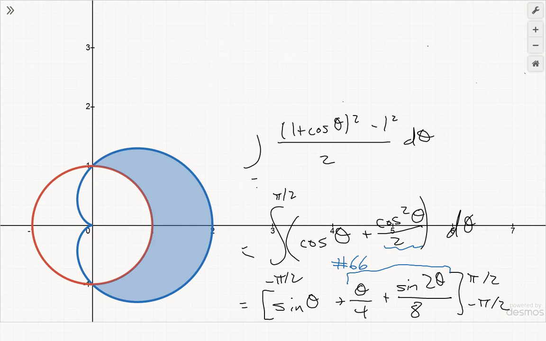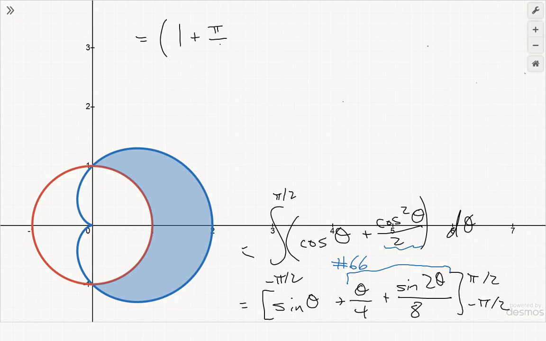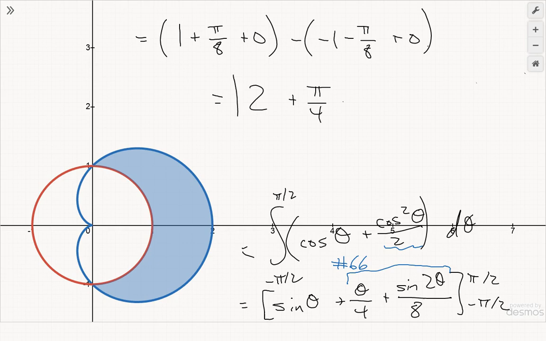And so then we can evaluate that. So that is 1 plus pi over 8 plus 0 minus (minus 1 minus pi over 8 plus 0), which is 2 plus pi over 4, the area of this region.